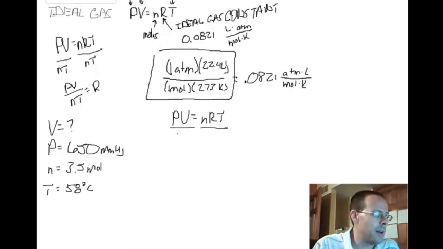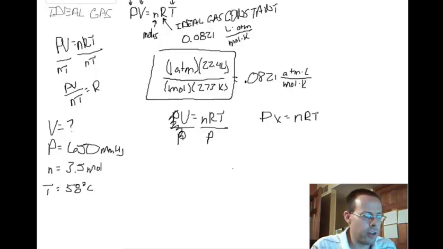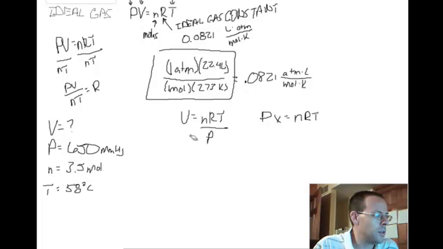We're going to divide both sides by P. So if we divide both sides by P, P goes away over here, and volume really equals moles times R times T divided by P. The other way you can set this up, if you like to just solve for X, is we can just do P times X equals nRT, and then just plug your numbers in and solve for X. Okay? So either way, it doesn't really matter. I am going to do this first way though.